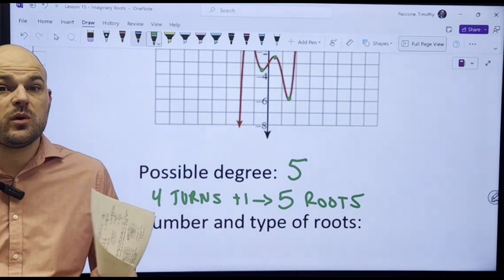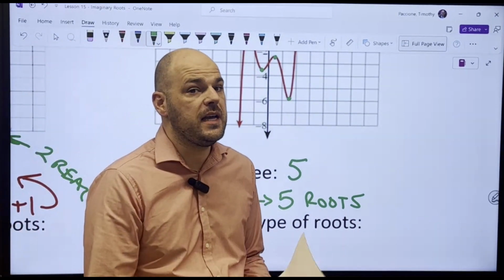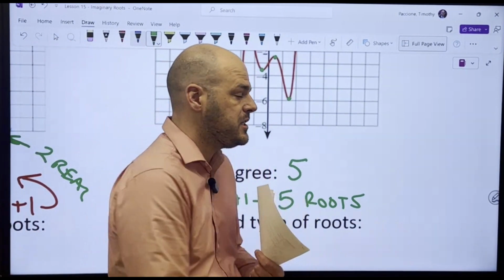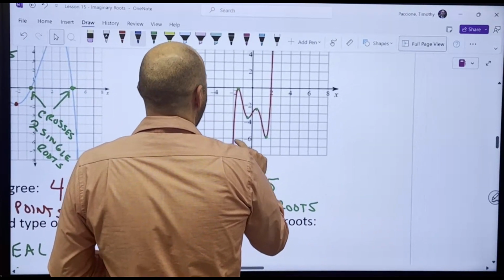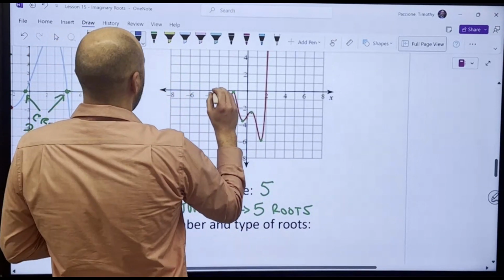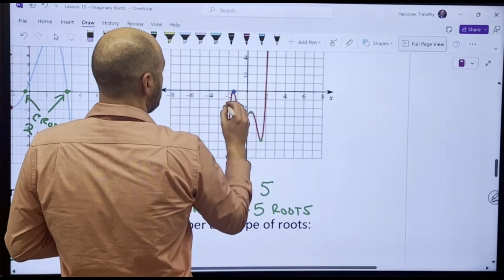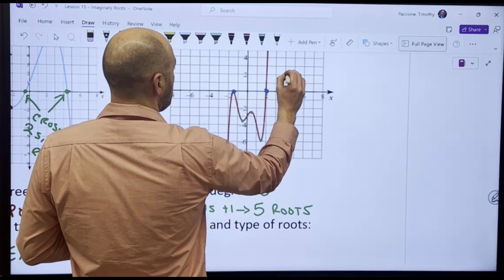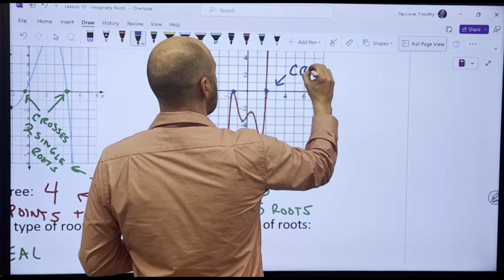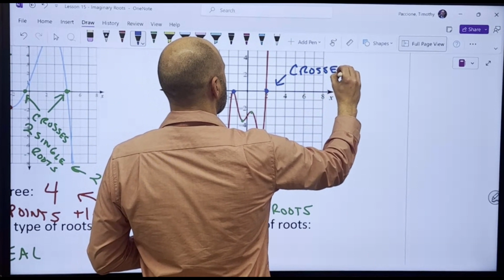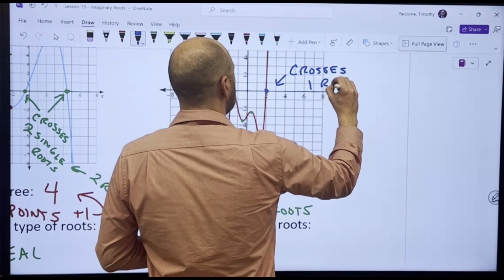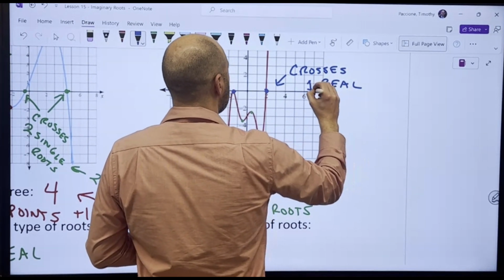5 roots, right? So we're going to count the amount of real roots we can find, and then that'll help us predict the imaginary. Okay, so we go back, we look for our x-intercepts. Well, there's an x-intercept there, and there's one there. This crosses, so that's 1 real. It's a single, right?